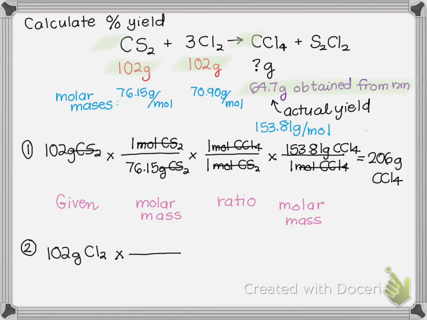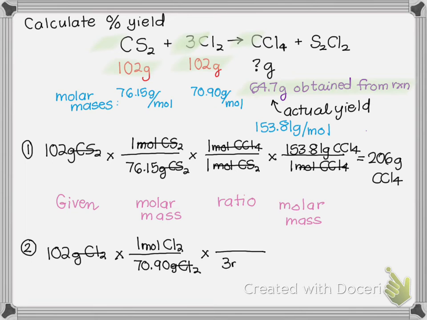I'm going to divide by the molar mass of Cl2, which is 70.90. That cancels out the grams of Cl2 and gives me moles of Cl2. Then I'm going to multiply by the ratio. And if I notice in front of Cl2, if you look up at the top, there's a 3 in front of Cl2.